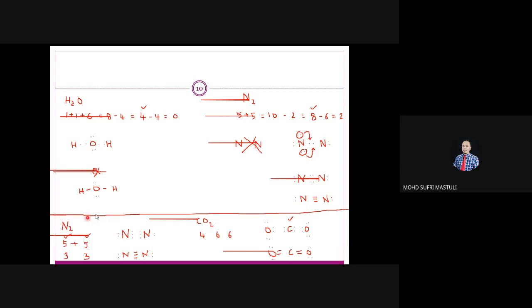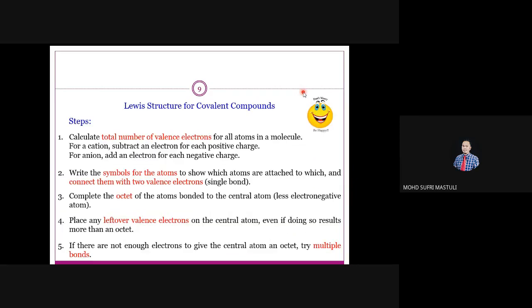If you find this methodology or procedure a bit difficult to understand, you just follow the procedure given on slide number 9. Calculate the total number of valence electrons, write the symbol for the atoms and connect them with two valence electrons, and then try to complete the octet for the atoms bonded to the central atom, or the terminal atoms.